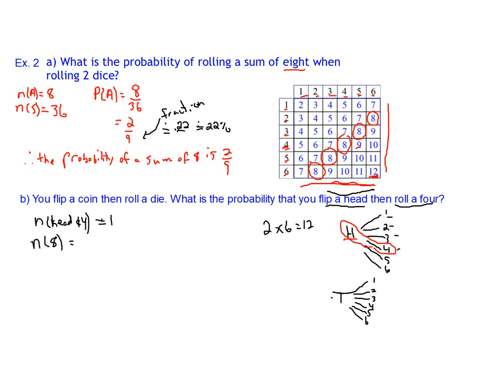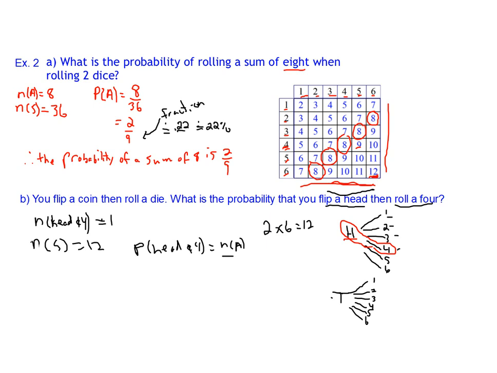Sorry, that looks like an 8. Let me fix that up. That was an S that went wrong. So we have NS here, which we said is equal to 12. So the probability of getting a head and a 4 is equal to NA over NS, just as a reminder.